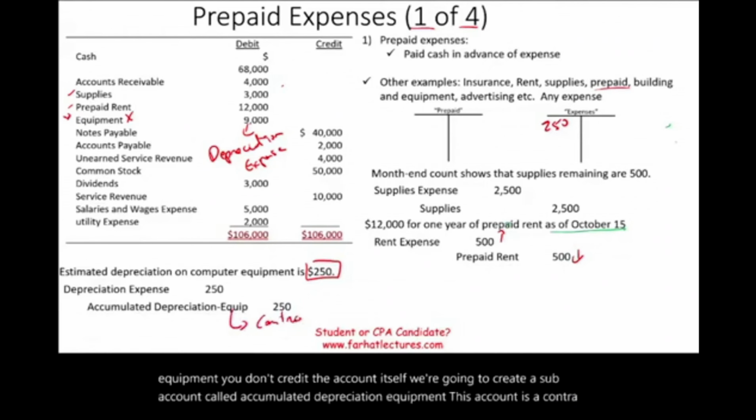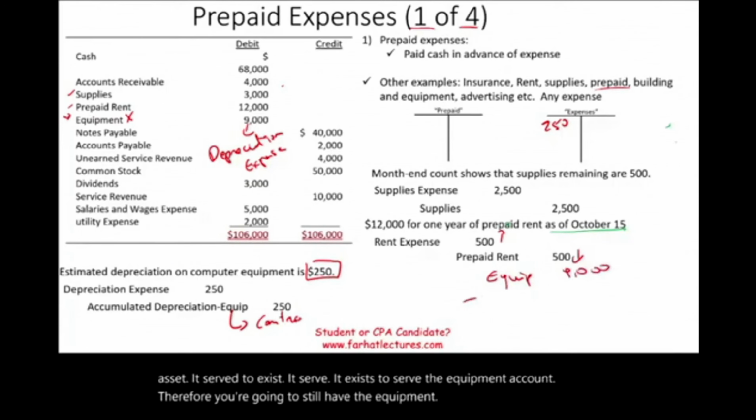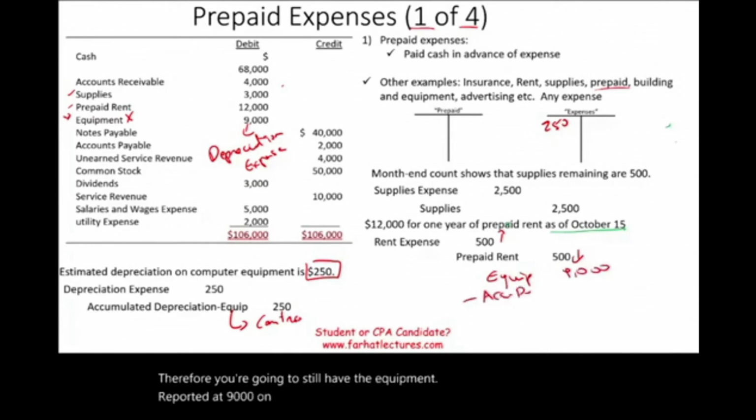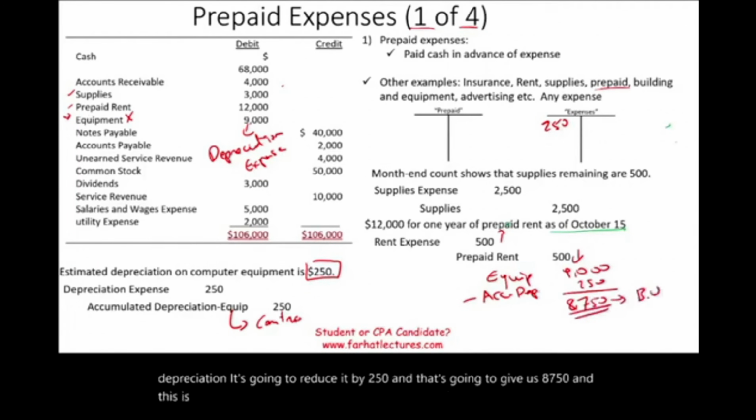It exists to serve the equipment account. Therefore, you're still going to have the equipment reported at 9,000. On the balance sheet, you're going to deduct accumulated depreciation. It's going to reduce it by $250, and that's going to give us $8,750. And this is called the book value of the equipment.